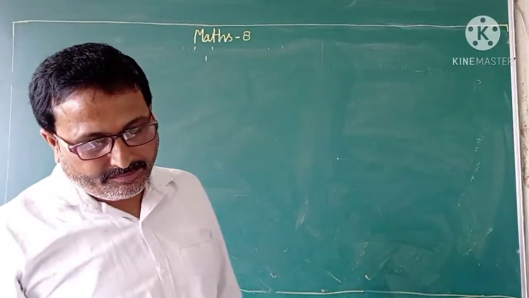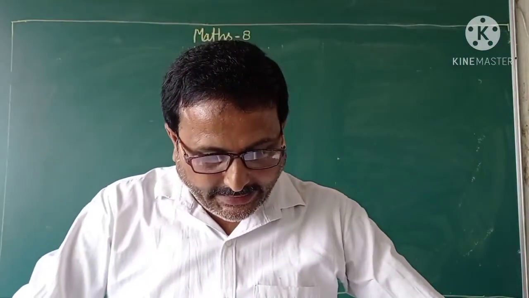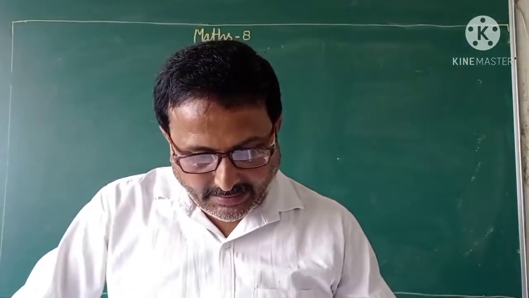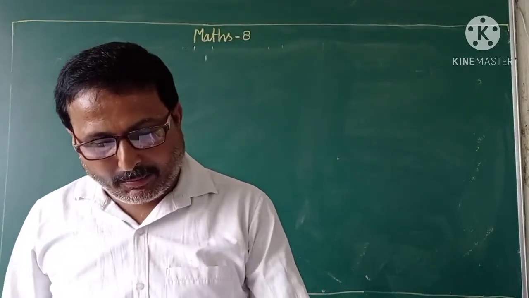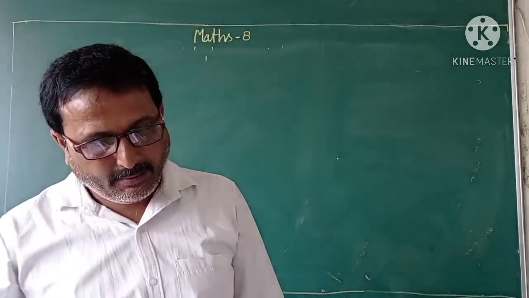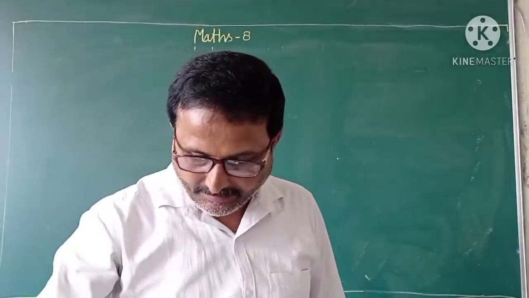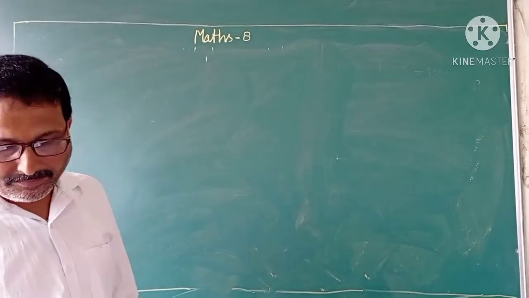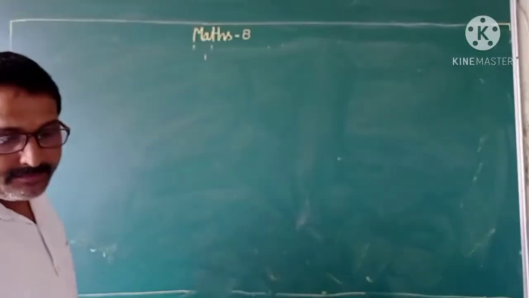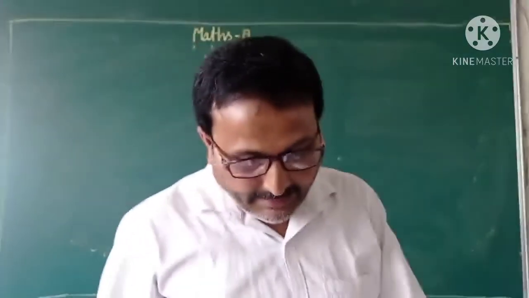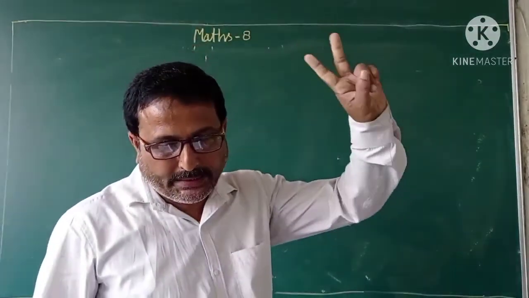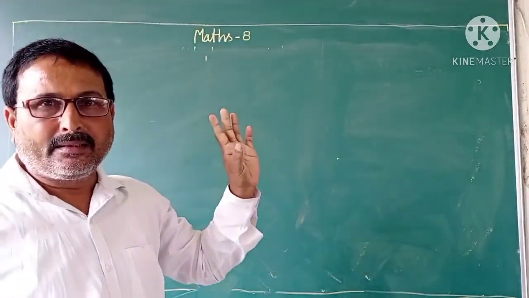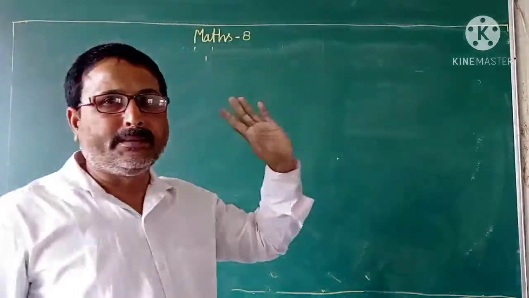Question number 9 is given. Abhinav purchased 2 dozen chairs for rupees 9,600. He then sold these at a profit equal to the CP of 4 chairs. Find the SP of one chair. Abhinav purchased 2 dozen chairs, means 1 dozen equals 12, then 2 dozen means 24.